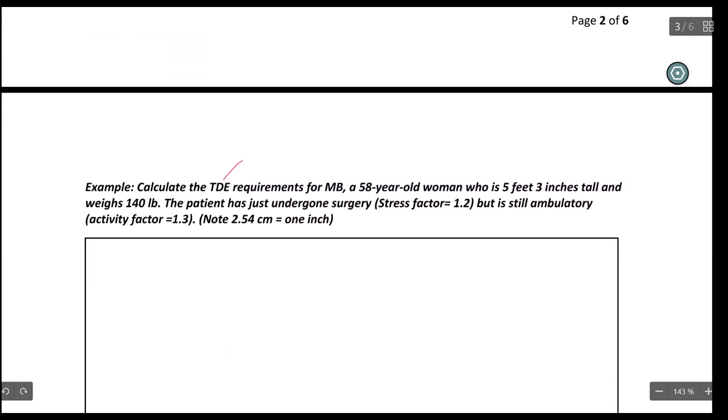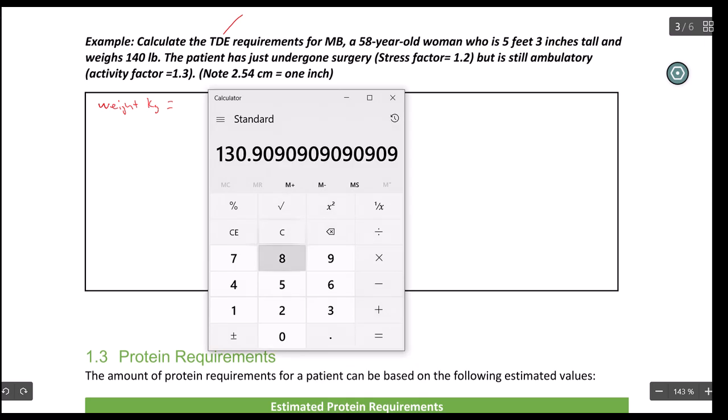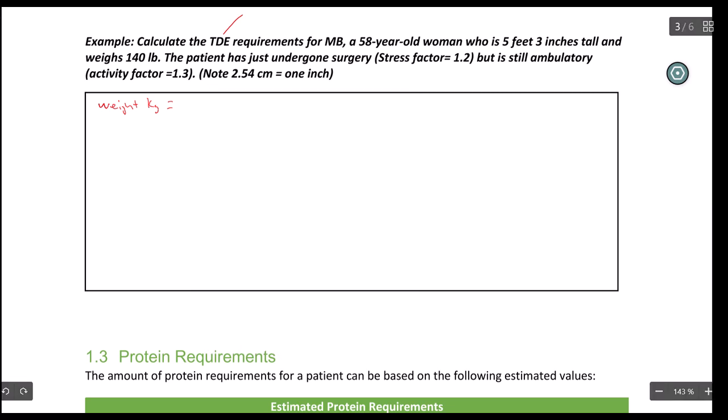I am just going to plug the numbers in as we go. We need the weight in kilograms. So before I can plug numbers in, I need weight in kilograms. The person weighs 140 pounds, and I'm going to divide that by 2.2, which gives 63.63, or about 63.64 actually.